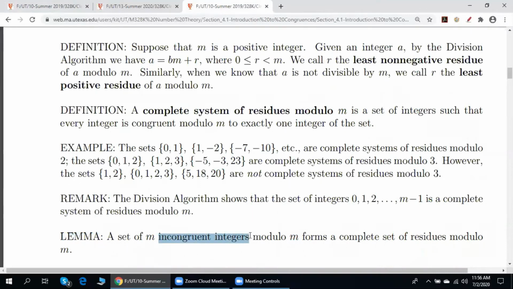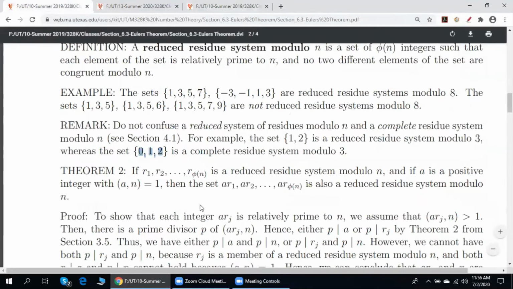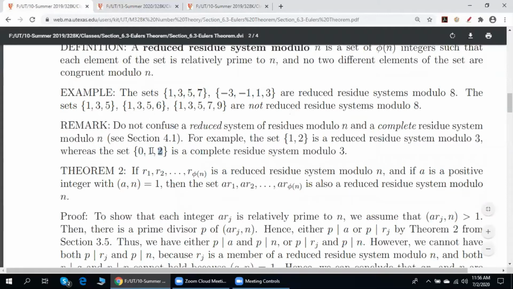They are incongruent modulo m. So any two integers here are incongruent modulo m. However, a reduced residue system modulo 3 is 1 and 2 only, because 0 is not relatively prime to 3. This is relatively prime, this is relatively prime, but 0 is not.